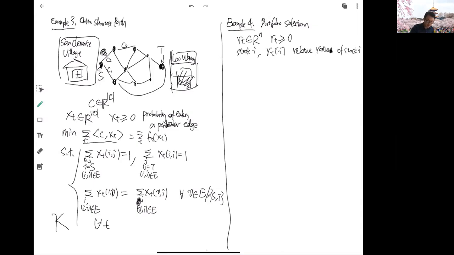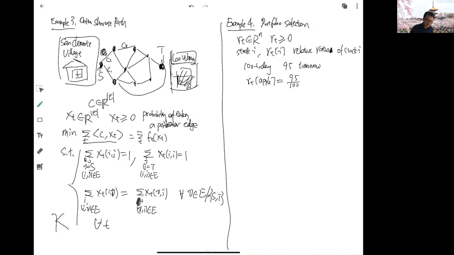For example, if Apple stock is $100 today, and then it dropped to 95 at the end of the day, then R_t corresponding to Apple would be 95 divided by 100. That's why it's always a non-negative value. Even if it gets to 0, that means that you've lost everything, right?